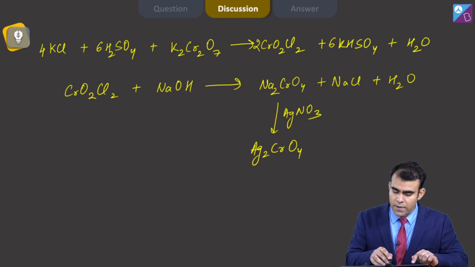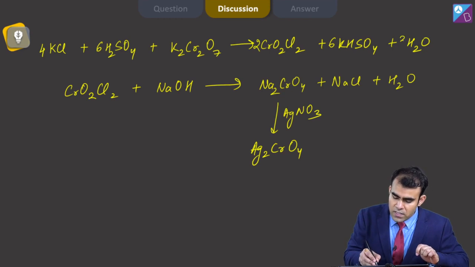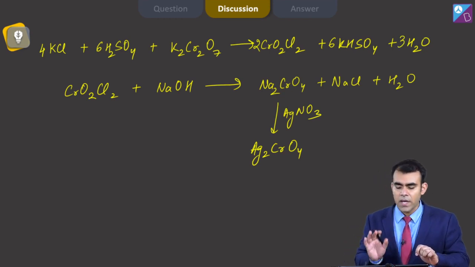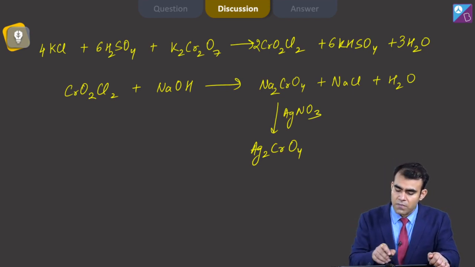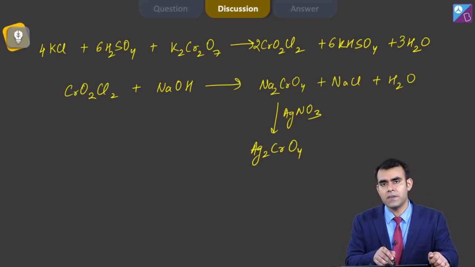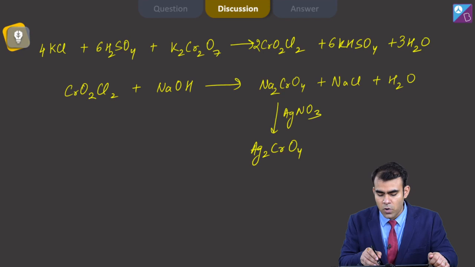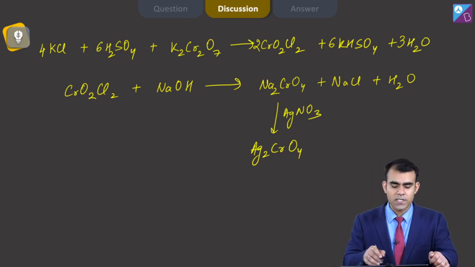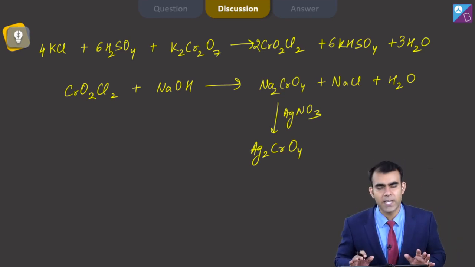I have 4 chlorine, then 12 hydrogen atoms, 6 KHSO4, and I have to write 3 H2O. So here my hydrogen is balanced. Then sulfur is already balanced. Then oxygen is 24 plus 7, that is 31, and here we have 4 plus 24, 28, plus 3, 31. Yes, oxygen is balanced and chromium is also balanced. So this is the final balanced equation.